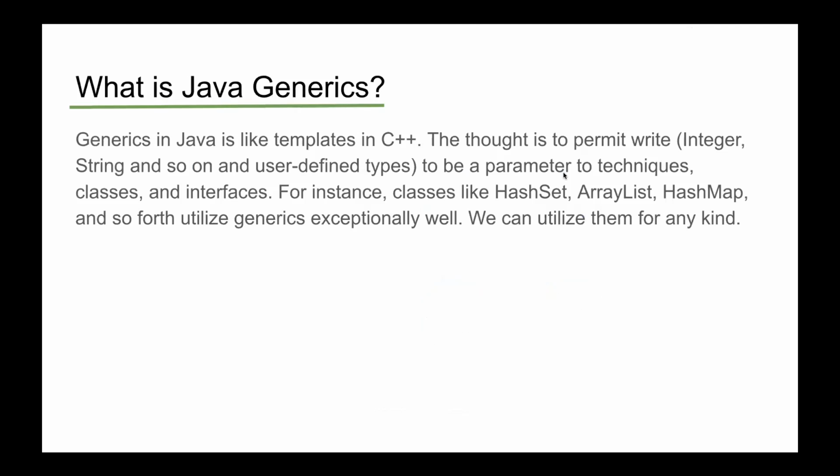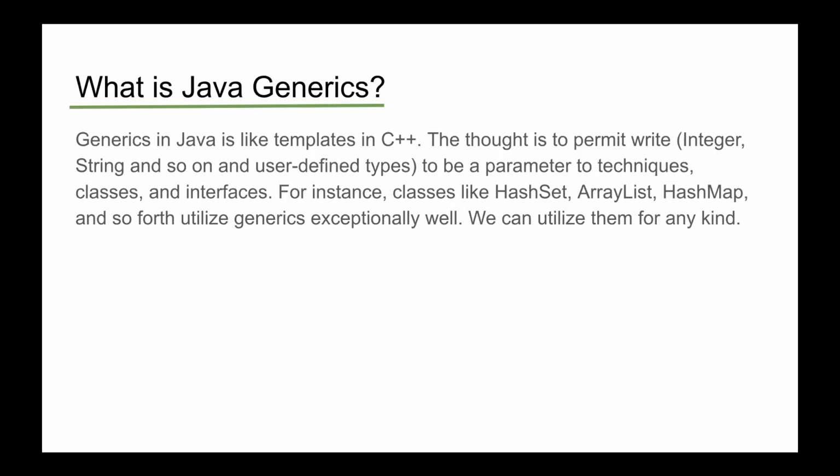So generics, if you are familiar with C++, are like templates in C++. The idea here is to have more dynamic code. I mean, reducing your code and at the same time having more functionalities within your projects, right?